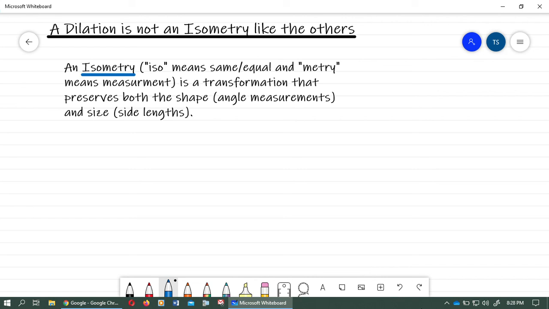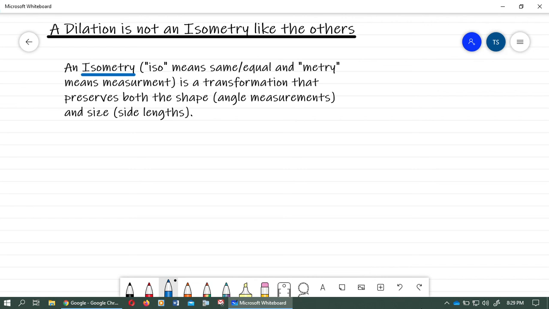So since that's what an isometry is, where the size and the shape are the same, that means that whenever we have an isometry, your pre-image and your image are going to be congruent. You guys remember the word congruent? Congruent figures? But anyway, again, the shape and size are the same. The positioning of the figures might be different.